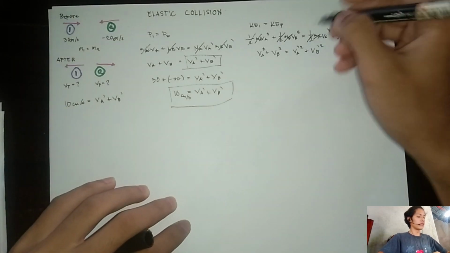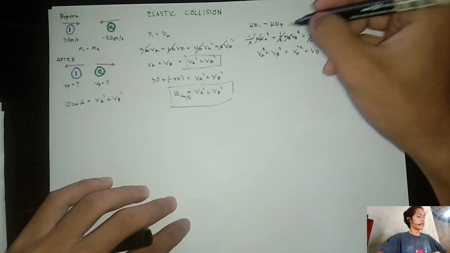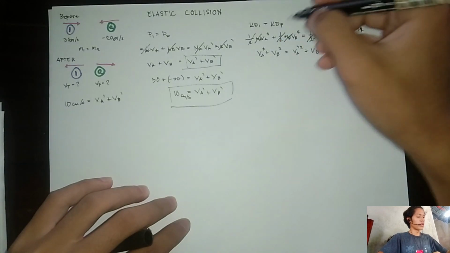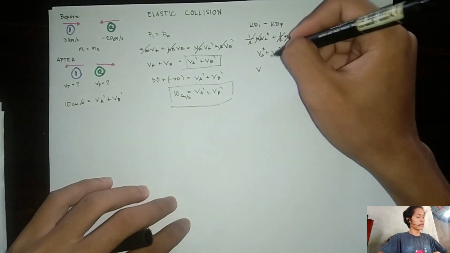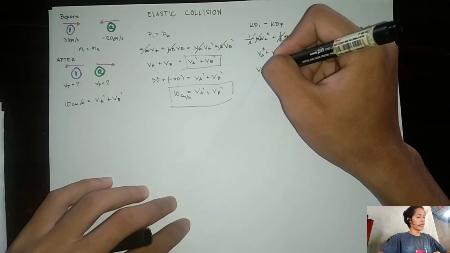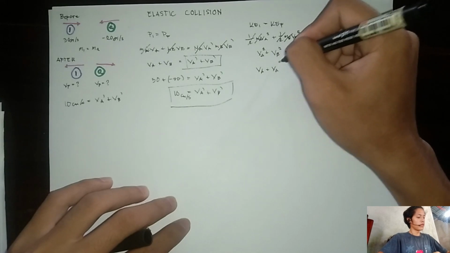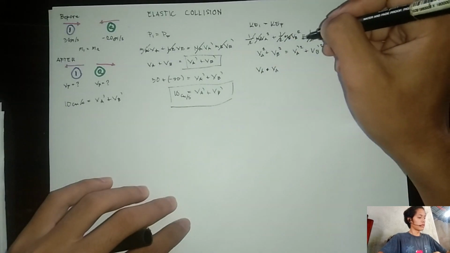Then sunod, ilipat lang natin. Pagpalitin lang natin sila, pagsamahin natin yung parehong initial, parehong A at B. A, magiging negative na to.